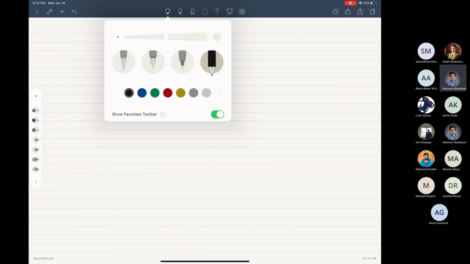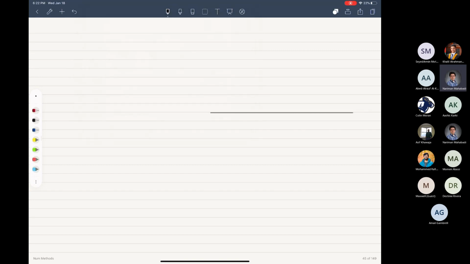Okay, this is a 1D system, right? So I'm going to draw the grid in space. Let's say I have a finite number of grid points, I don't know, 1, 2, 3, 4, 5, 6, right? So in terms of x, my i is equal to 1, 2, 3, 4, 5, 6.